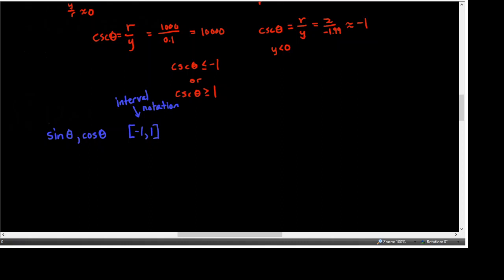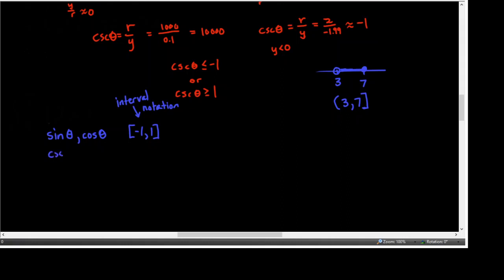If you were graphing something like 3 to 7 and don't include 3 but do include 7, that would be the interval of all real numbers from 3 to 7. To show that we're not including 3, we make a parenthesis. To show that we're including 7, it's a bracket. Okay, so that's what that is in interval notation.